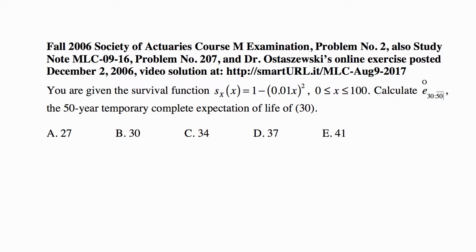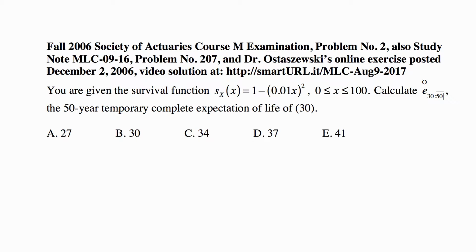So the word complete refers to a continuous probability distribution of future lifetime, and in this notation it's indicated by that circle above the E, and E is the expectation of life. For a 30-year-old, that's the first subscript, colon angle 50, so this is a joint life status for two lives or statuses, whatever you call it.